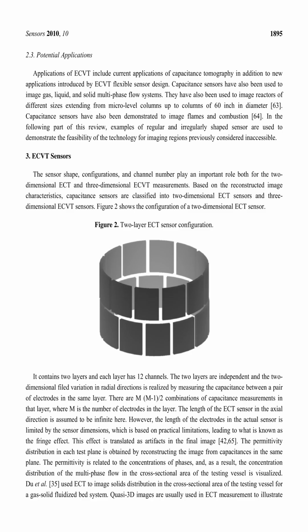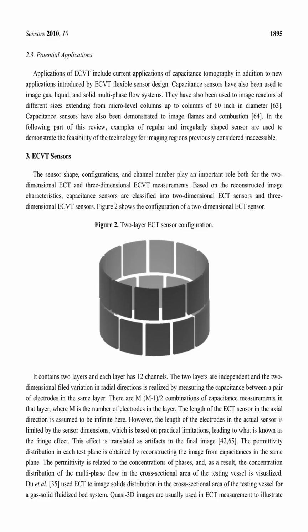They have also been used to image reactors of different sizes, extending from micro-level columns up to columns of 60 inches in diameter. Capacitance sensors have also been demonstrated to image flames and combustion. In the following part of this review, examples of regular and irregularly shaped sensors are used to demonstrate the feasibility of the technology for imaging regions previously considered inaccessible.